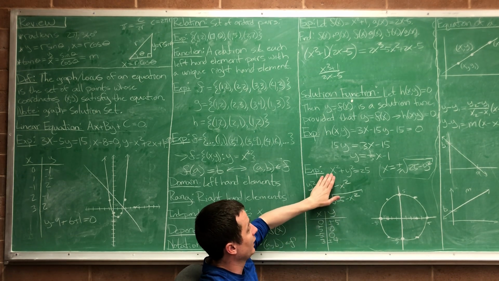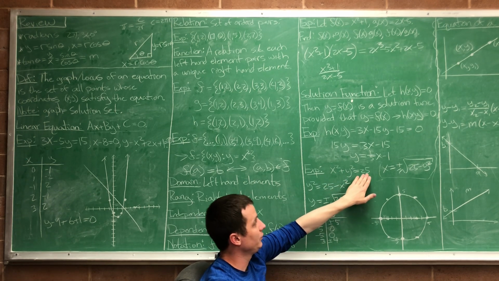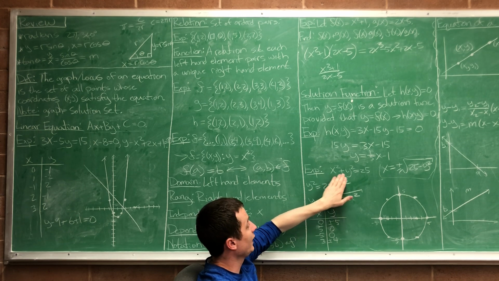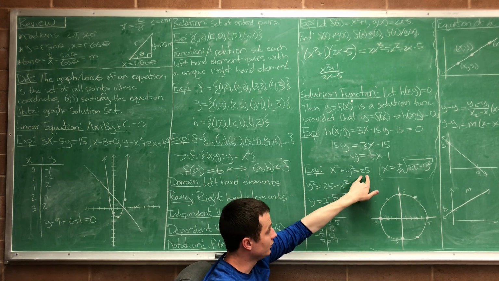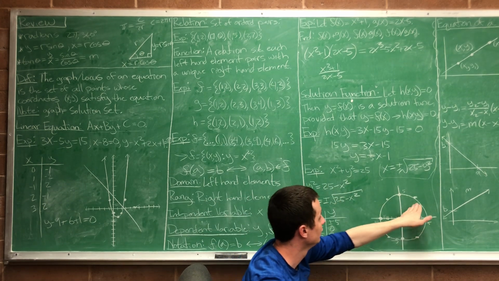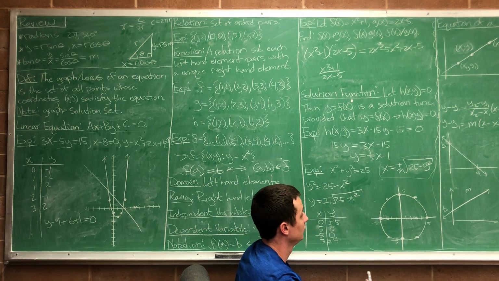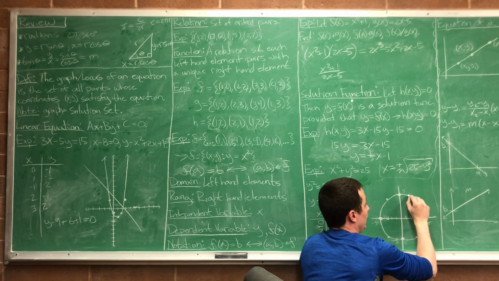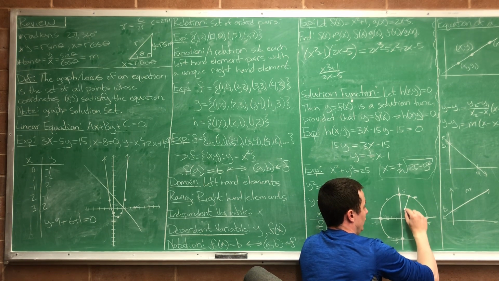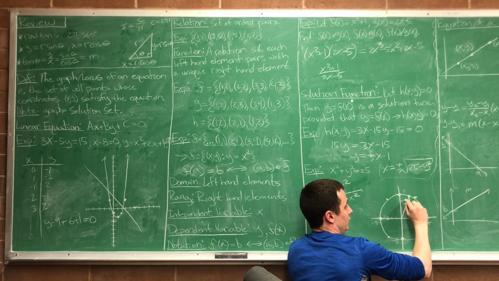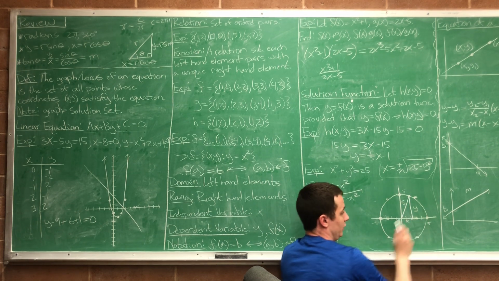Which isn't surprising. x squared plus y squared equals 25. You can think about that as your Pythagorean theorem. It's all your x, y such that their distance is 5 from the origin. Pick any point on here, create a right triangle. This distance right here is 5, this distance is x, and this distance is y.